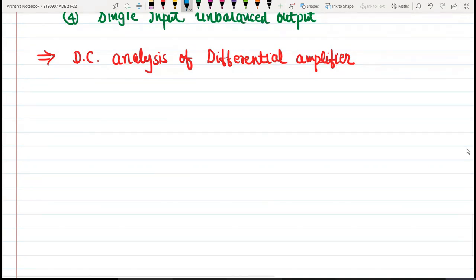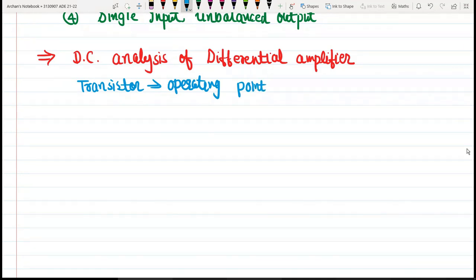So in case of a transistor, the operating points are ICQ and VCEQ. We draw one DC load line and the characteristics.